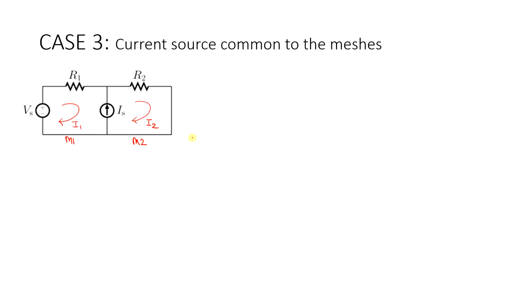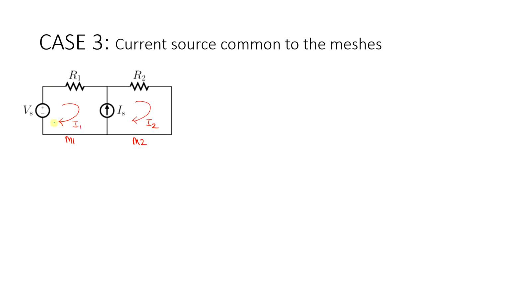Now whenever you have a current source between the two meshes, being shared between the two meshes, you cannot directly apply KVL. So what we consider is a super mesh. A super mesh can be formed only if you have a current source between two meshes. So let me draw the super mesh.